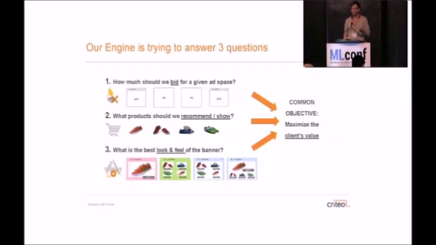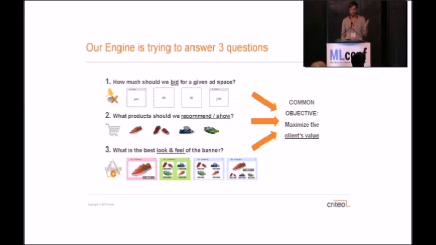Our machine learning engine in this context is trying to answer three questions. The first one is, given an ad space for a given person at a given time on a given website like the New York Times or the Boston Globe, how much should we bid for this ad space? Then, if we bid and win the ad space, what products shall we show to the user?